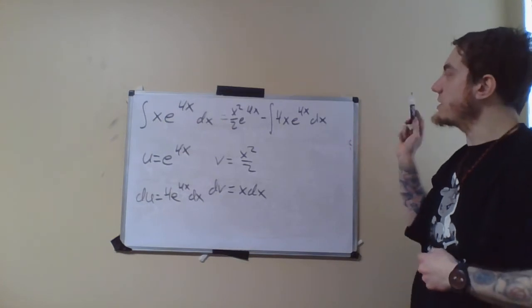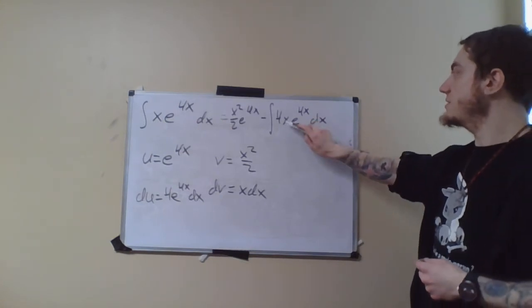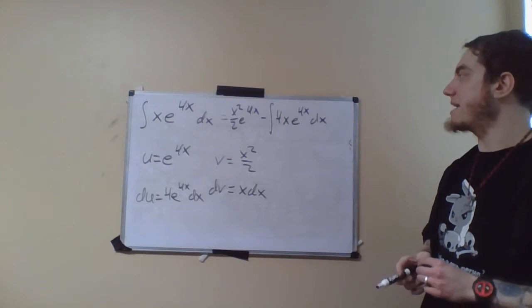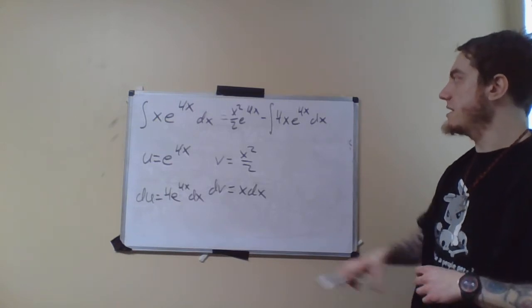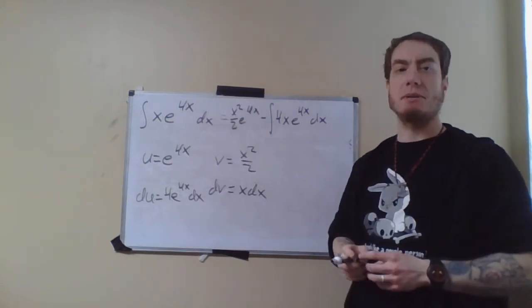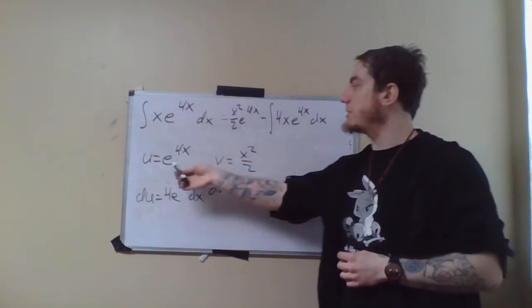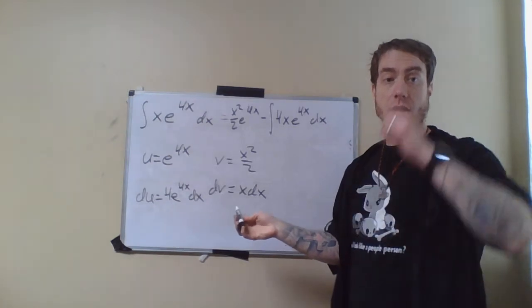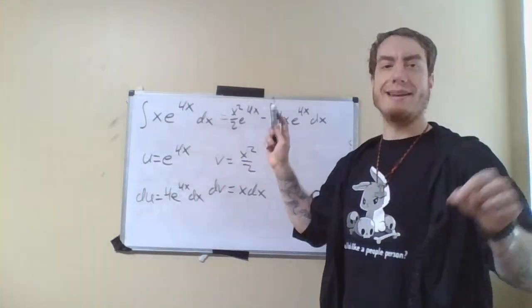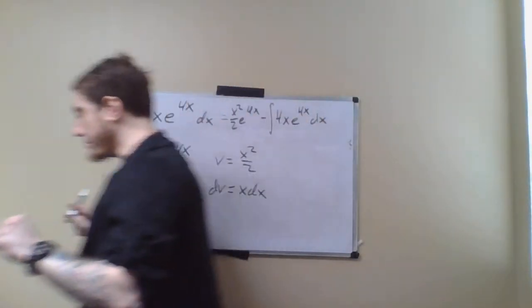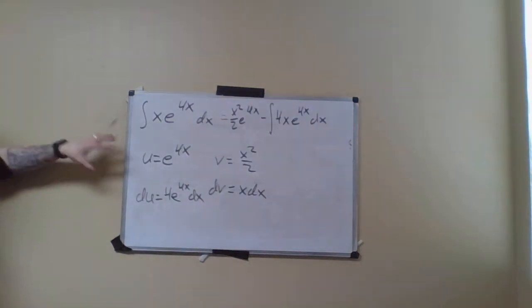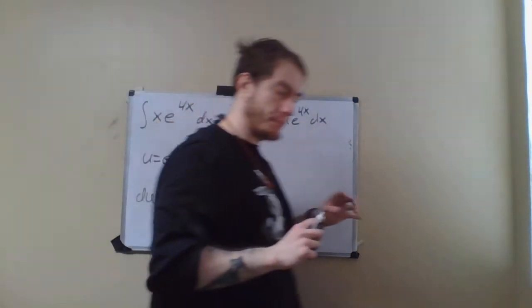It's just not terribly useful because this new integral hasn't really gotten any better than the original integral. And plus I've got this new, more complicated term floating out there. So this would suggest to me I've probably picked u and dv poorly, so I should go ahead and rethink my approach.